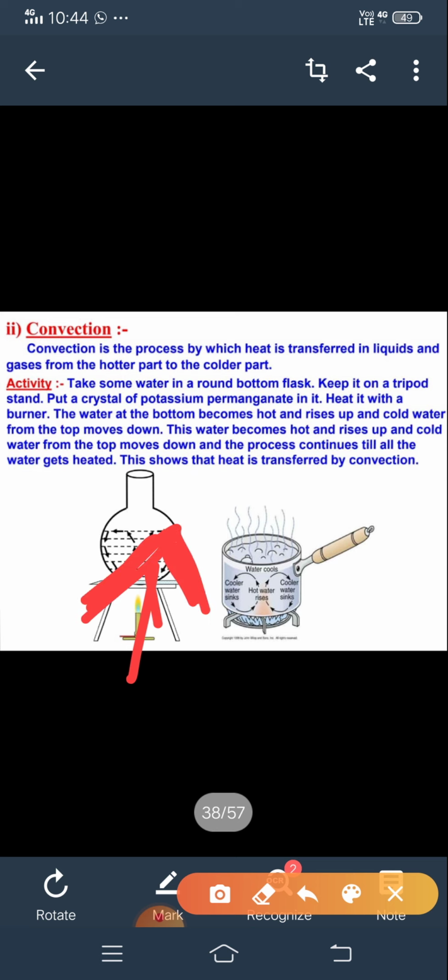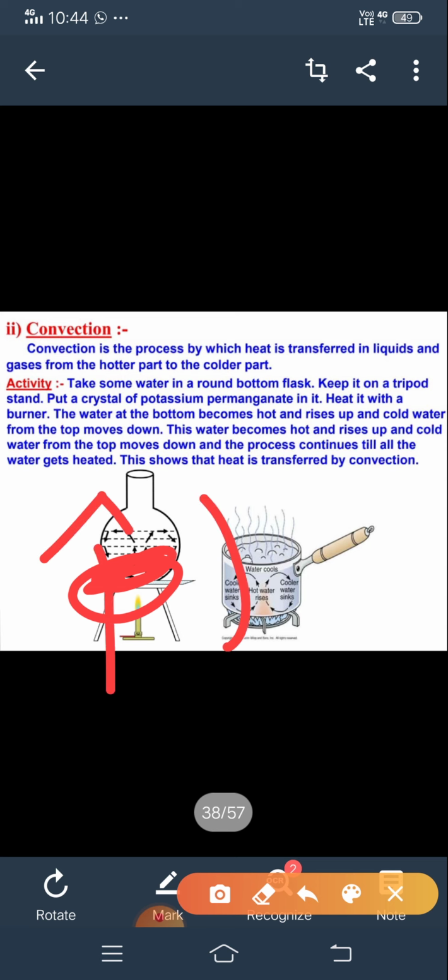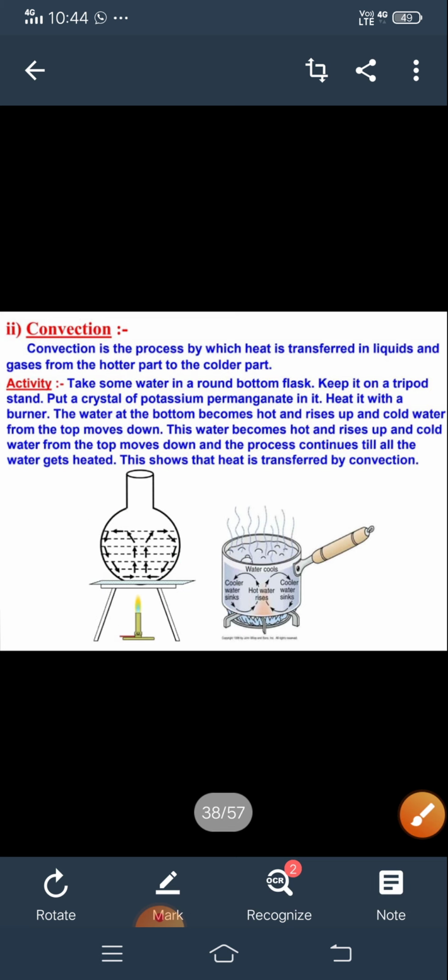The water at the bottom becomes hot and rises up, and the colder water from the top moves down. This water becomes hot and rises up, and cold water from the top moves down.